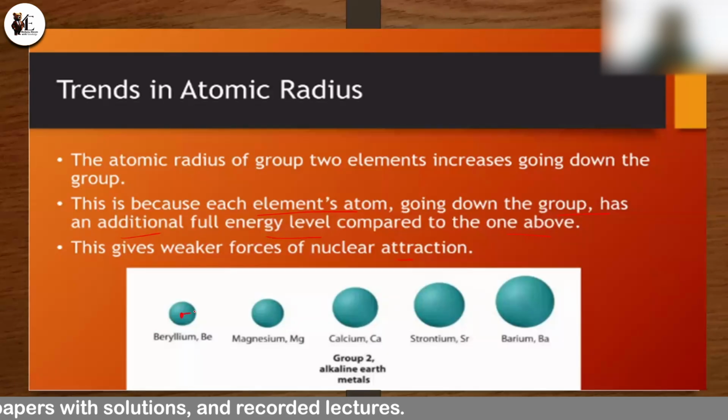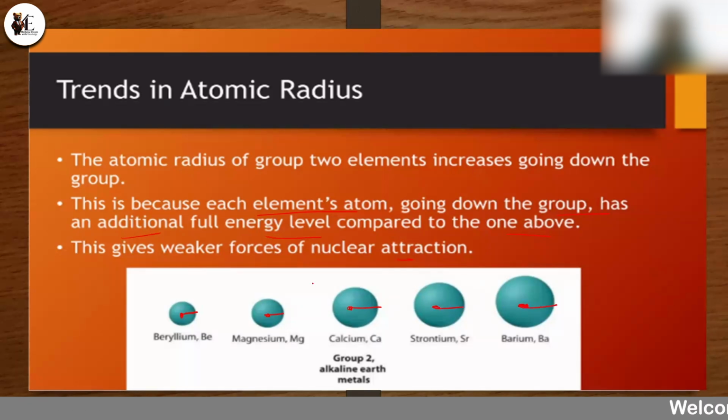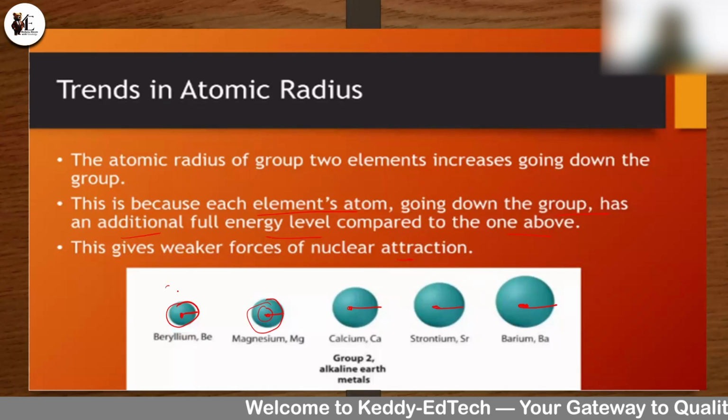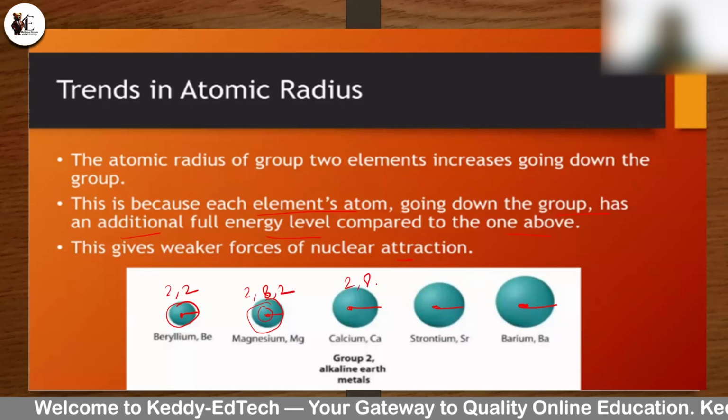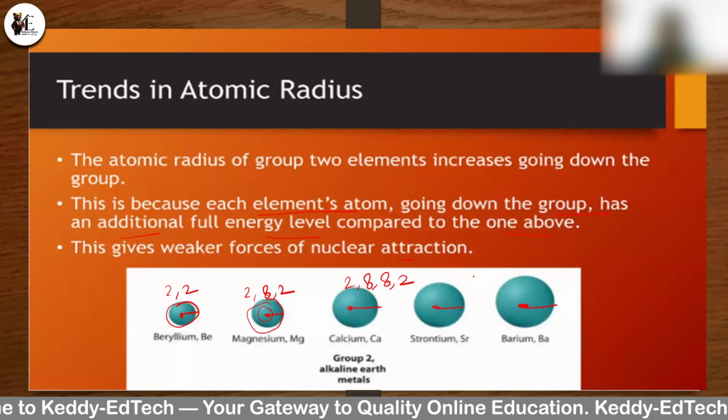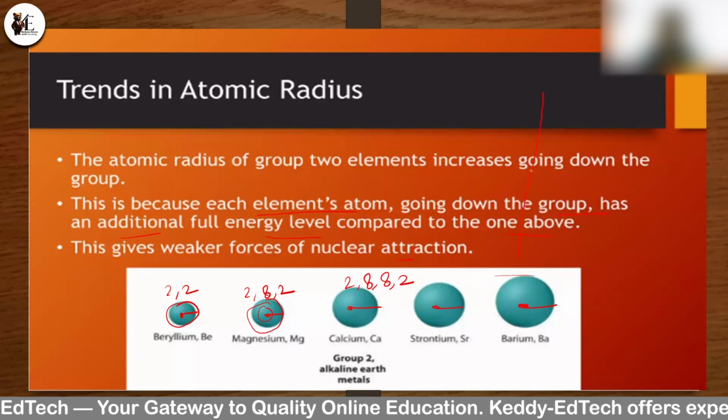From beryllium to magnesium it increases a little, for calcium it increases, for strontium also, and barium is the largest because the number of shells is increasing. In beryllium there are 2, in magnesium there are 3 shells. It is 2, 2, then 2, 8, 2, and 2, 8, 8, 2, right? And so on. Clear?